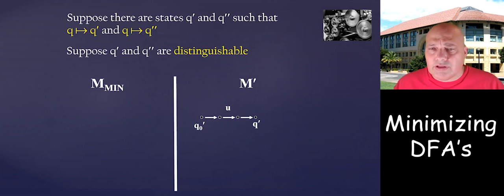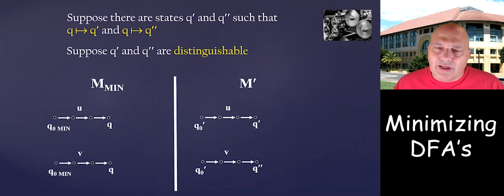So first, we know that q prime is reachable by some u, and q double prime is reachable by some other word v. And we're going to take these u and v to be exactly these two strings that caused us to map q to q prime and caused us also to map q to q double prime.